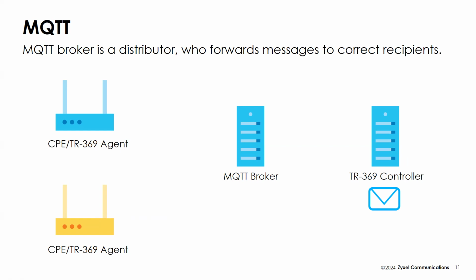Let's say the agent wants to notify the controller that there was a change in configuration. The way to structure that message, will it be the same no matter if WebSocket or STOMP is being used, or will the message structure change depending on what MTP we use?